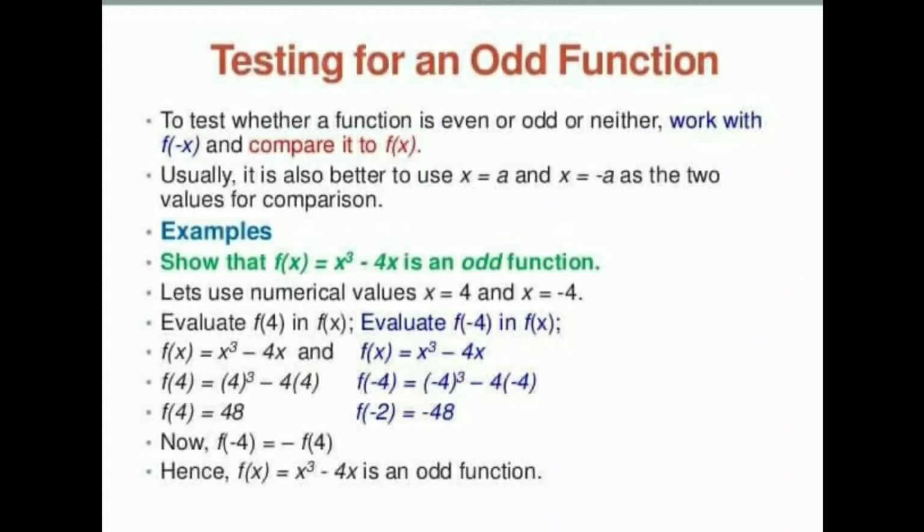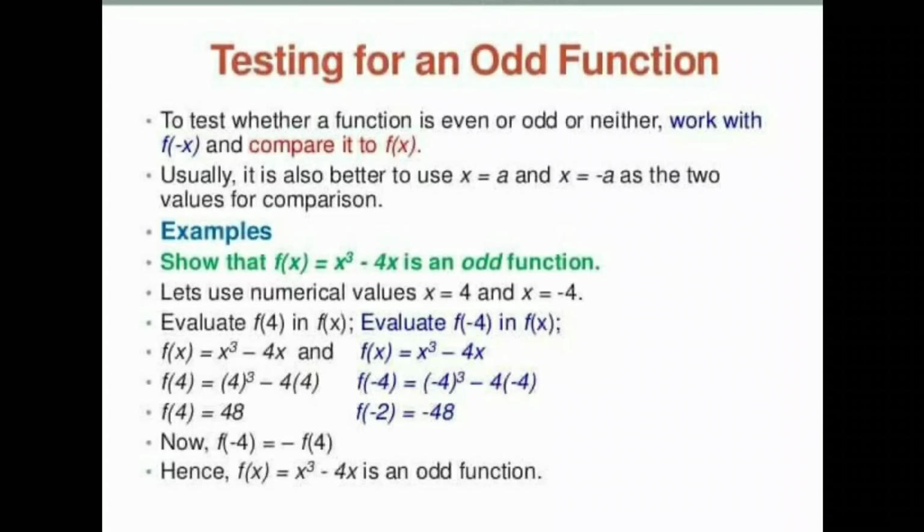f(4). After putting the value of x is equal to 4 we get the value of f(4) is equal to 48. And next, after putting the value of x equal to minus 4 we get the value minus 48. That means f at the point minus 4 is equal to minus of f(4).